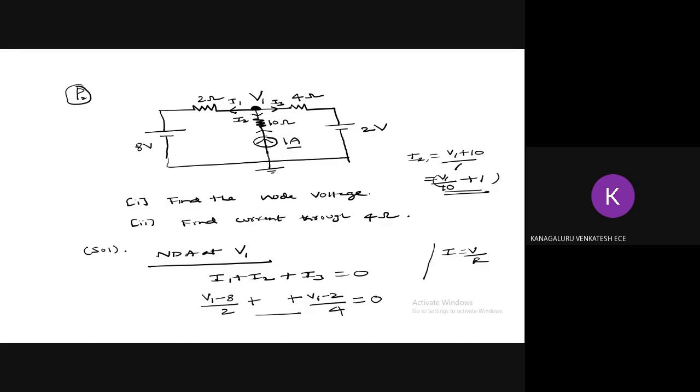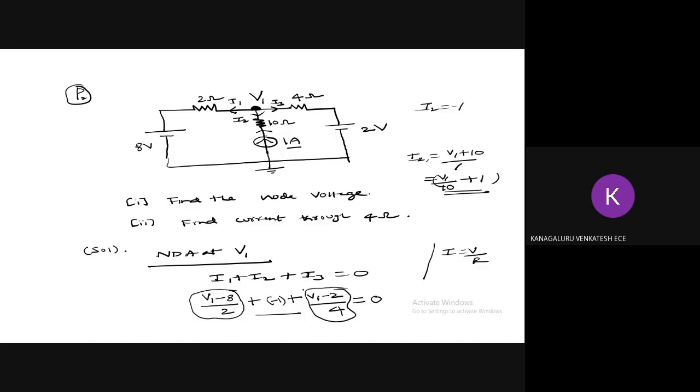I2 is like this. I1 is like this. Both are opposite. So your I2 is nothing but -1. Since directions are opposite, your I2 is nothing but -1. Therefore, here simply if you mention -1, that is enough. V1 minus 8 divided by 2 is the first branch current. V1 minus 2 divided by 4 is the third branch current.